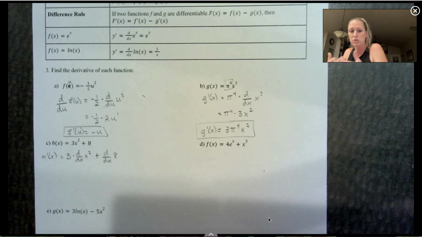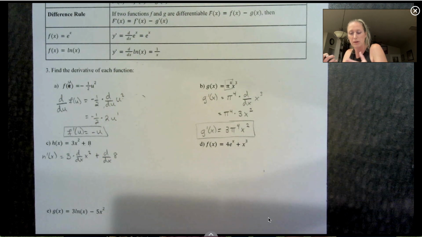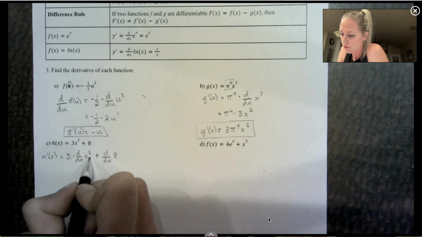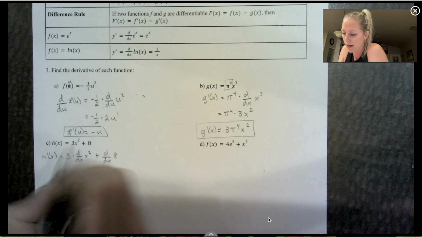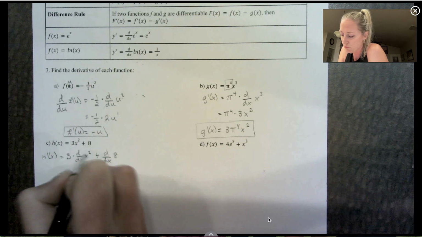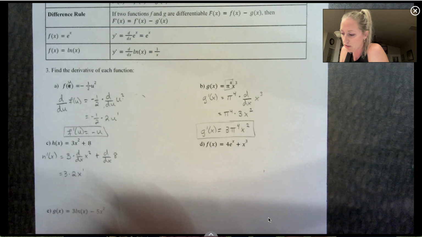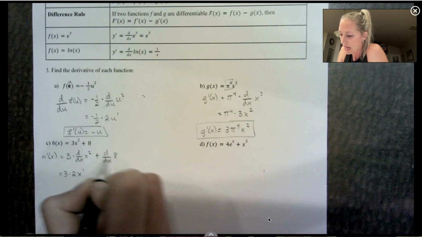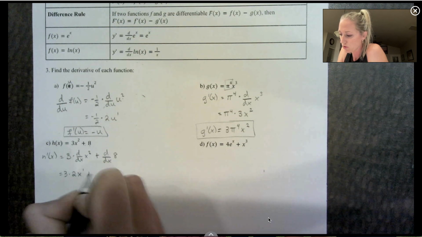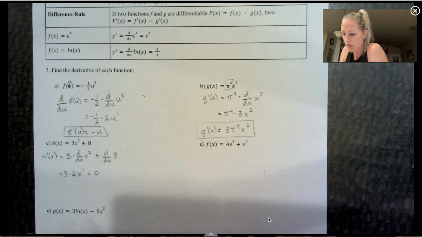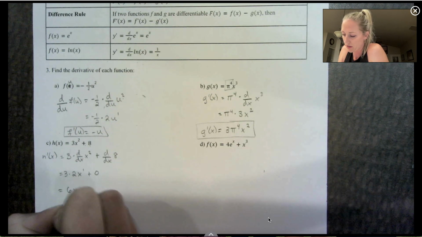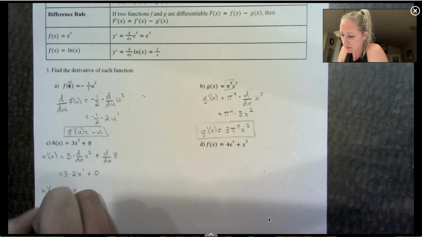With addition, we can take the derivative of those 2 pieces separately and then add them together. So for this first part, I can apply my power rule. I've got 3 times, bring down the 2, decrease my exponent by 1. And then this is the derivative of a constant, which we know is always 0. So our derivative here is going to simplify to 6x.